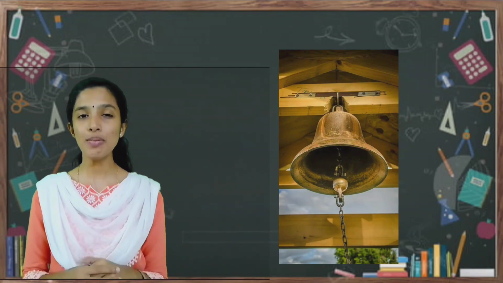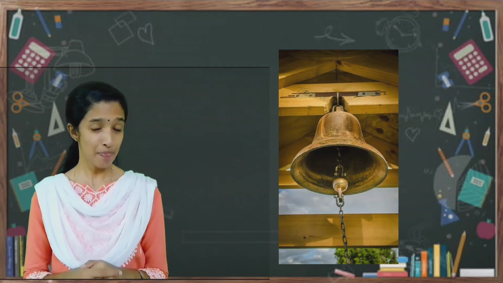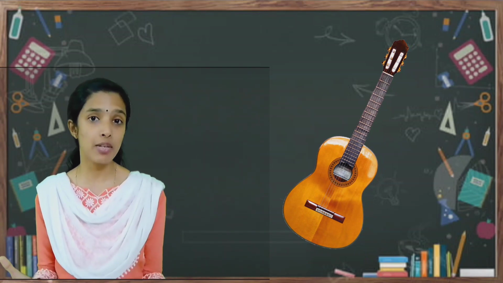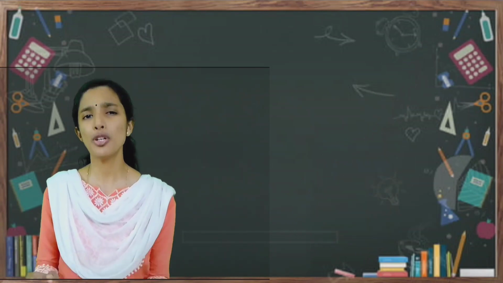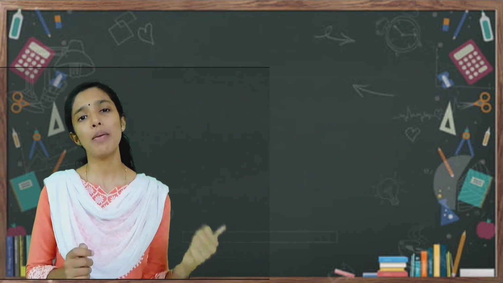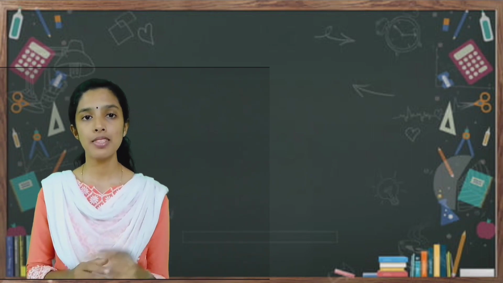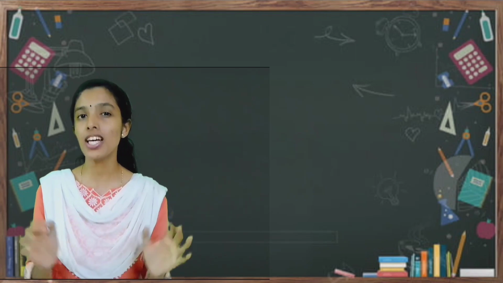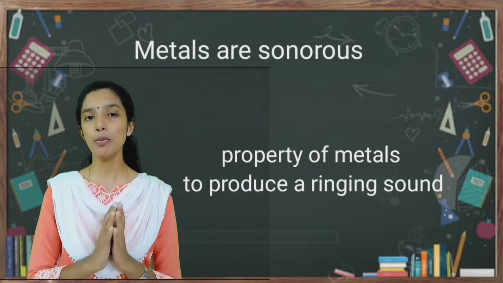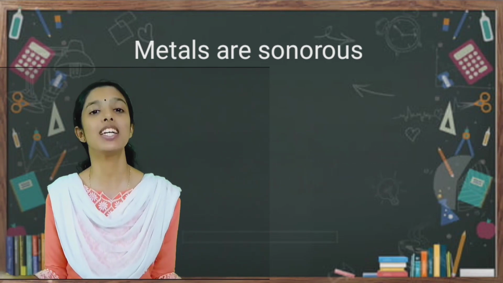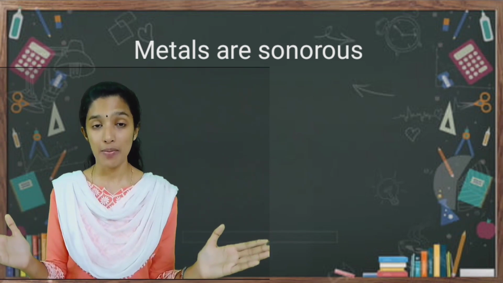Did you hear the sound from the bell? Yeah, and these guitars are really beautiful instruments, right? So what do you think is responsible for producing this ringing sound from a bell and the guitar string? These metals have the property of producing a ringing sound, and that property of metals by which they produce a ringing sound is known as sonority.